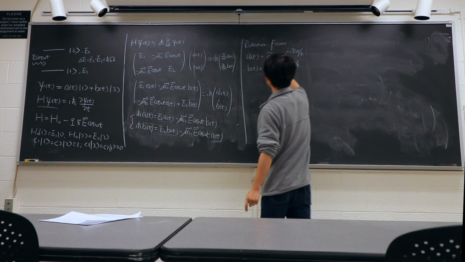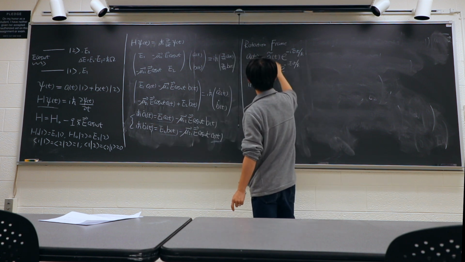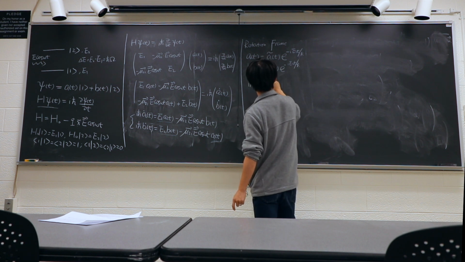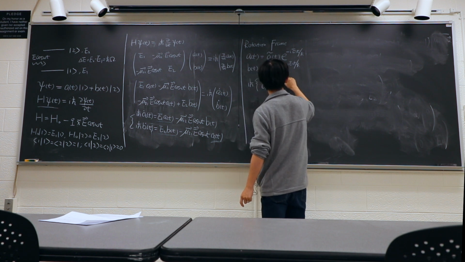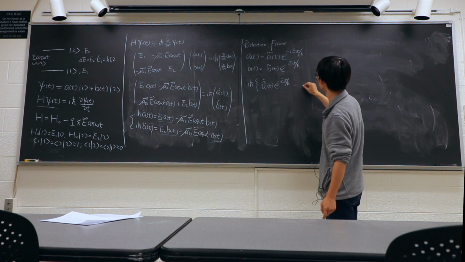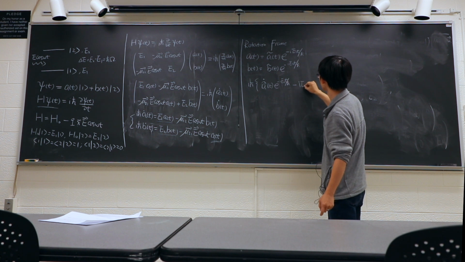Derivative of this gives you i h. Derivative on this, minus i, derivative of this, E1 over h bar.